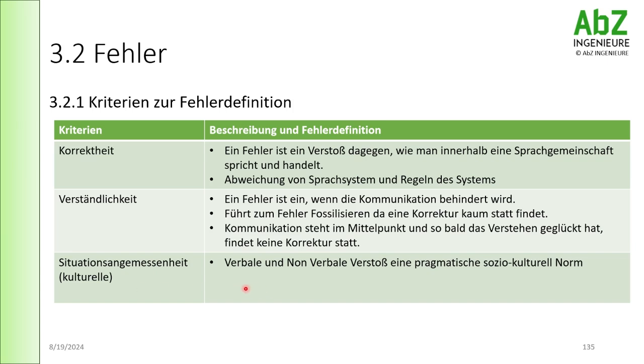So whenever you are violating some of the verbal or non-verbal things in a particular culture, it is called Situationsangemessenheit failure. For instance, the symbol for mad looks different in Europe compared to the symbol for mad in India. So that way you might communicate something else when you are trying to show the same symbol.